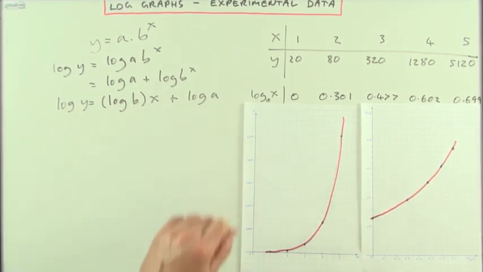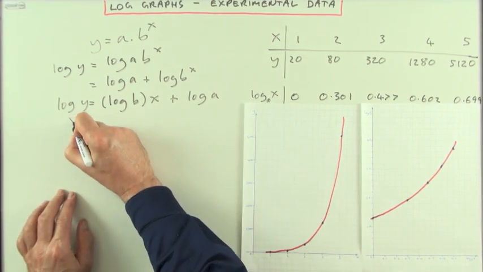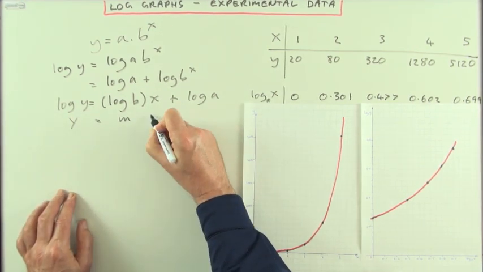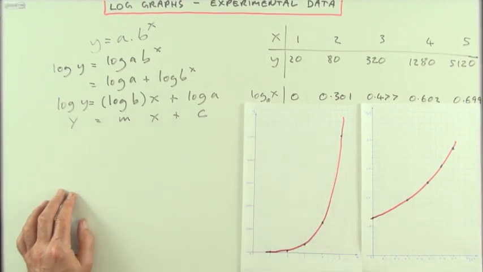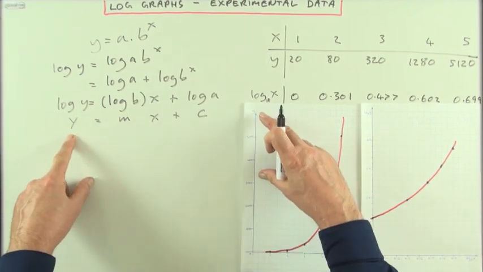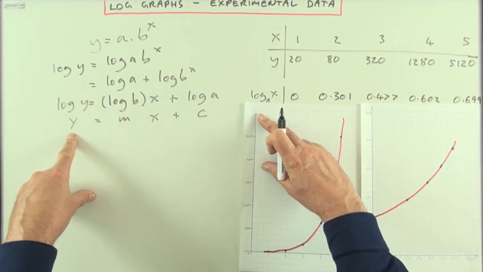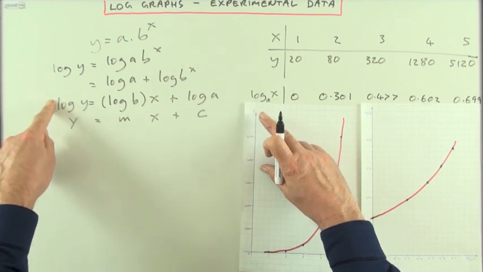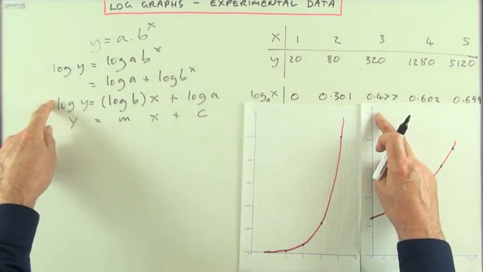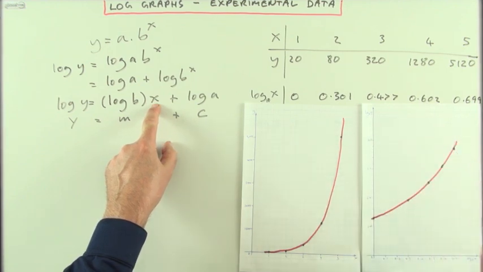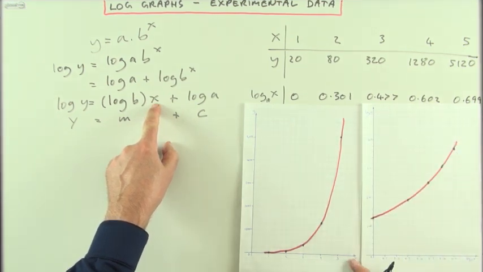Now, that is a linear relationship. That's like y equals mx plus c, where the vertical variable should be log 10 of y, as it was here, but the horizontal variable shouldn't have been log base 10, it should just have been x.